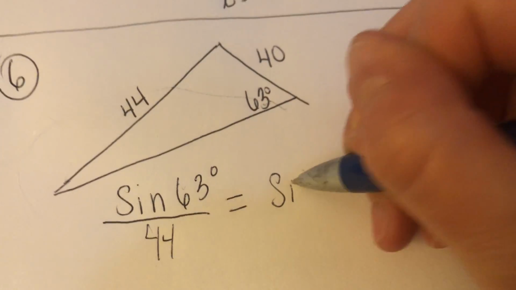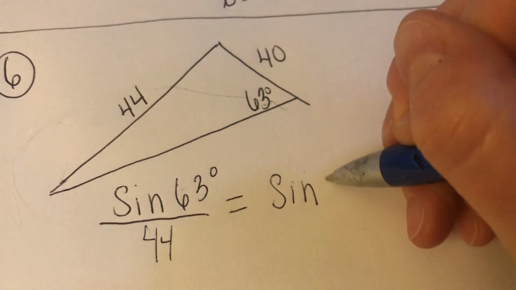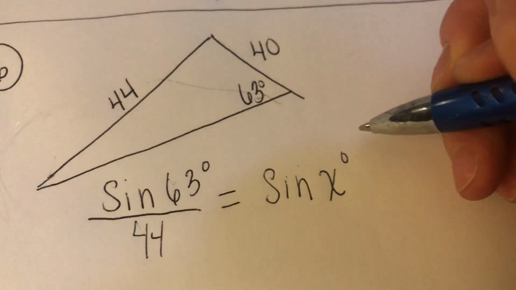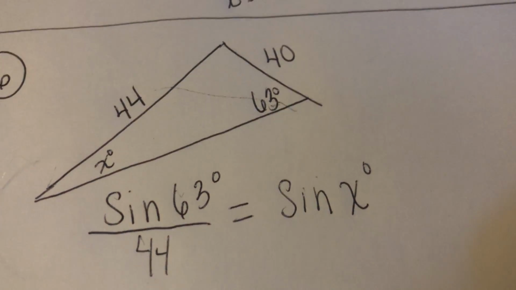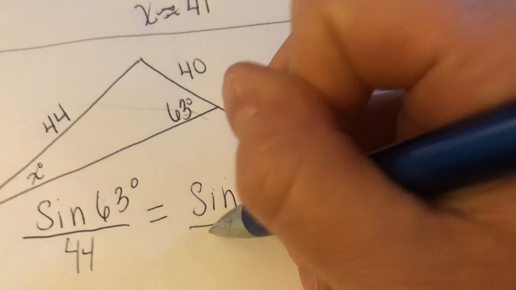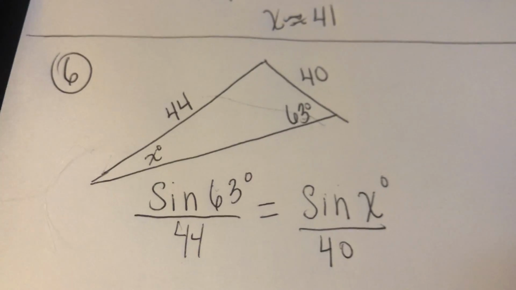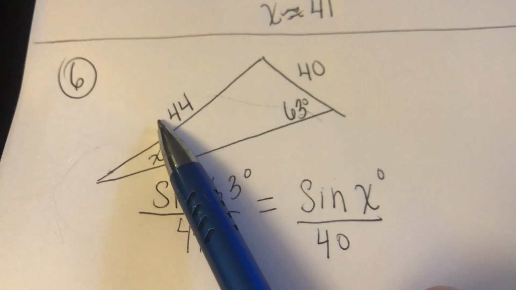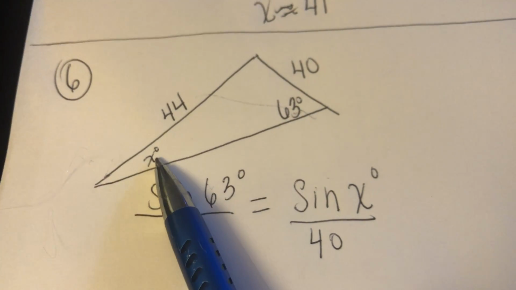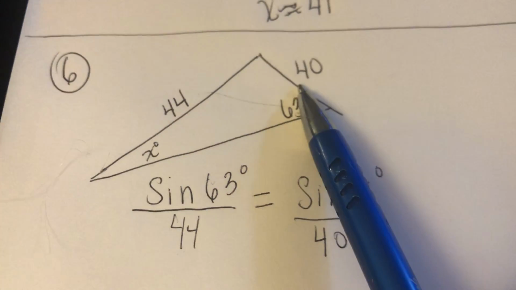The sine of, let's call it x degrees, over 40. So we're going to find the missing angle. So sine of 63 degrees over 44 equals the sine of whatever this degree is over 40.